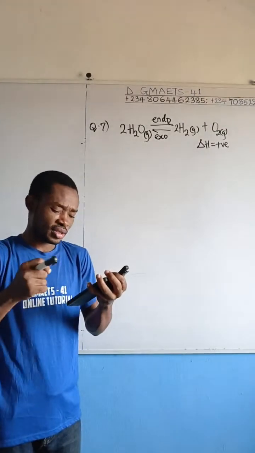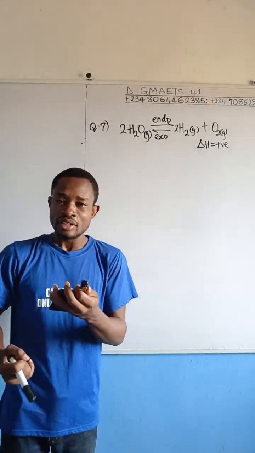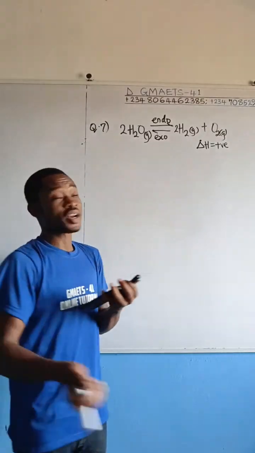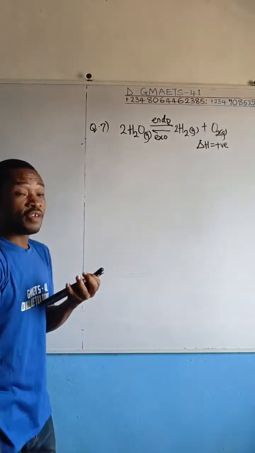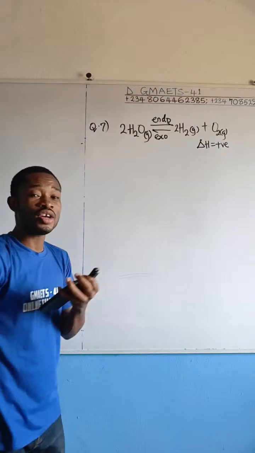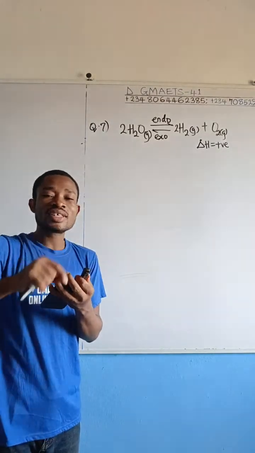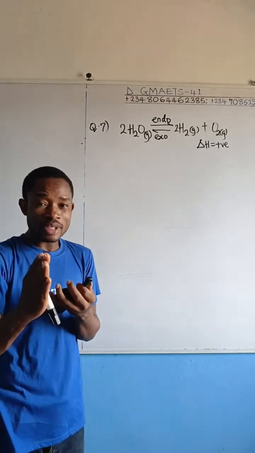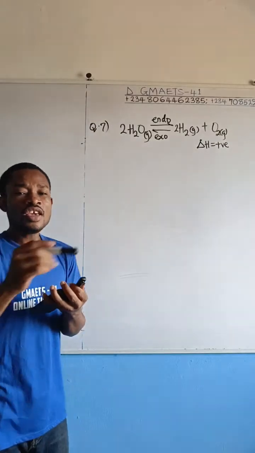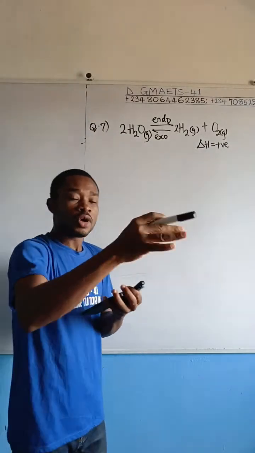If you increase the pressure of this, according to Boyle's law, pressure is inversely proportional to volume. Now let me tell you what happens in that case. If you increase pressure, volume will decrease.